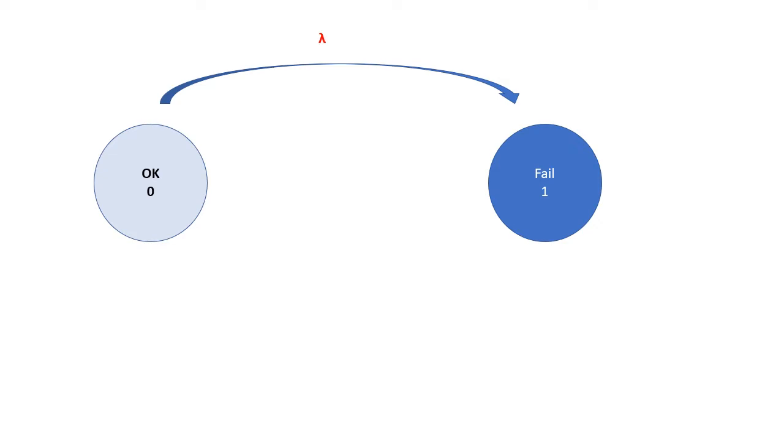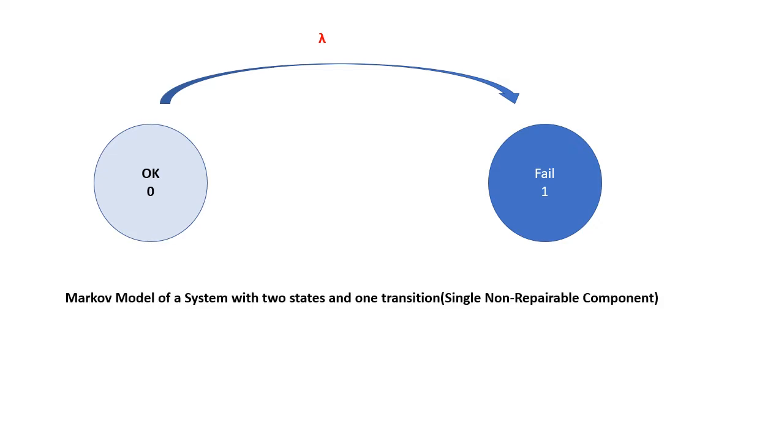We have assumed that there are only two states for this system and the system is non-repairable, which means once a component fails, it cannot be repaired back to its original state, which is OK, equal to 0, right? So what is the probability? If this is the situation at time t equal to 0, there is no transition.